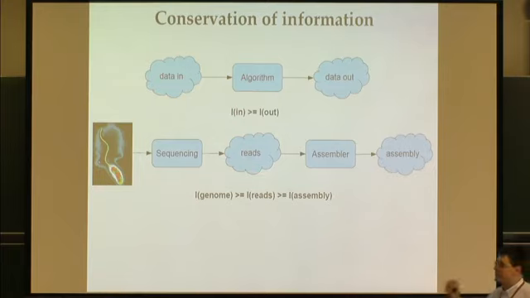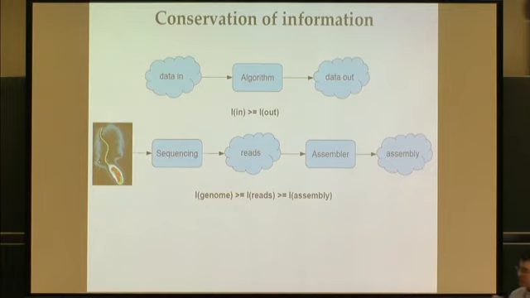If I do a sequencing experiment, I've lost information. When I take the data from the sequencing experiment and feed it to an assembler, I lose information again. So at the end, what I reconstruct has less information than what I started with. This should be quite obvious, even without knowing any of the details, that the information contained in a living organism is completely different from what you get from its sequence.